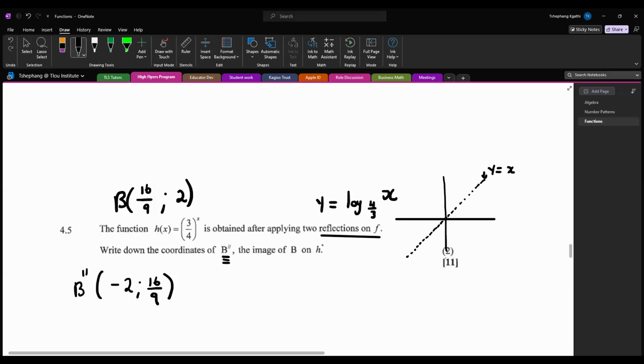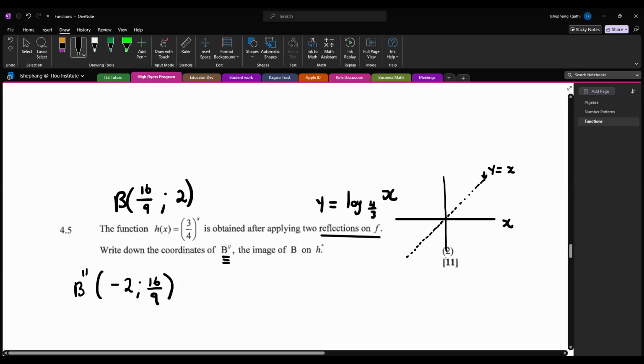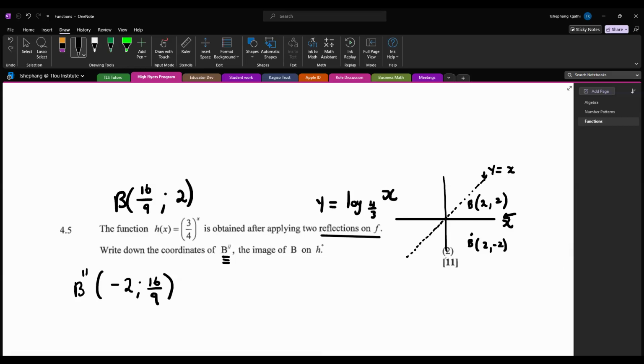Now, you can reflect on the x-axis, and remember what happens whenever you reflect something on the x-axis. Let's think of an arbitrary set of coordinates, 2 and -2. If I reflect these on the x-axis, this is my axis, then this b is now going to be here, which is simply going to be 2 and +2. That's what's going to happen if you reflect on the x-axis.